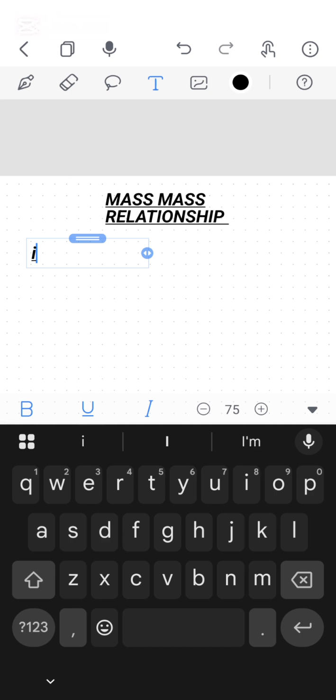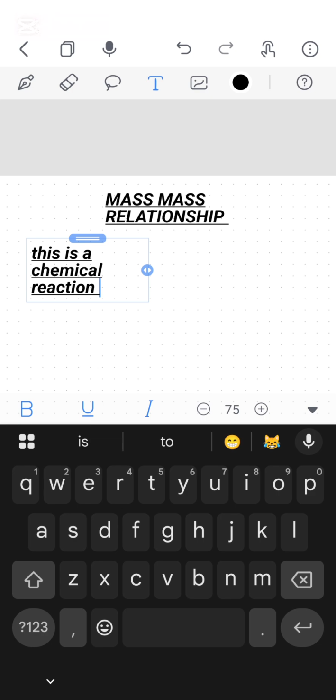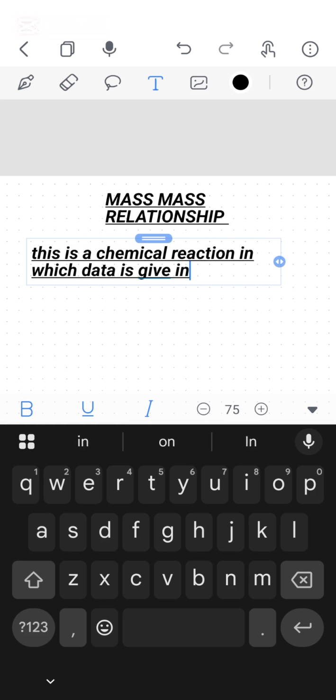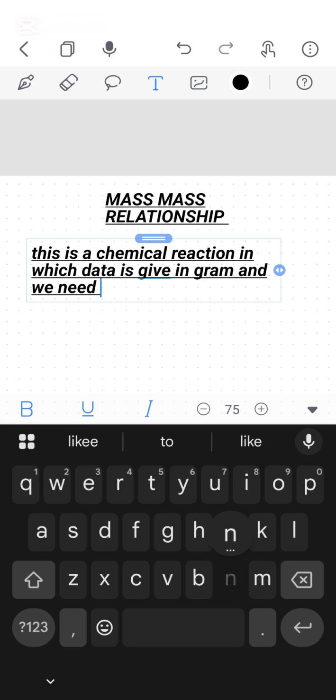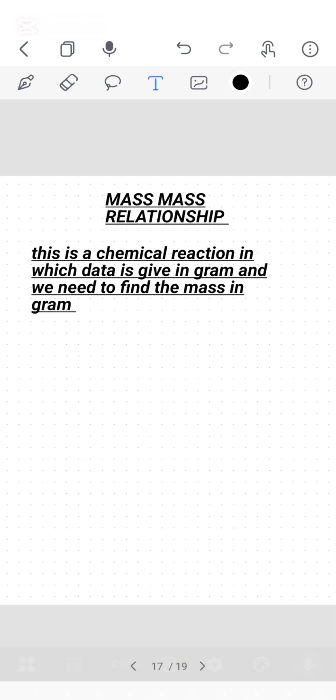It is basically a chemical reaction in which data is given in gram, and we need to find out the mass in gram. Simple.